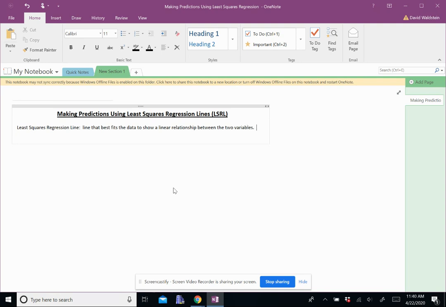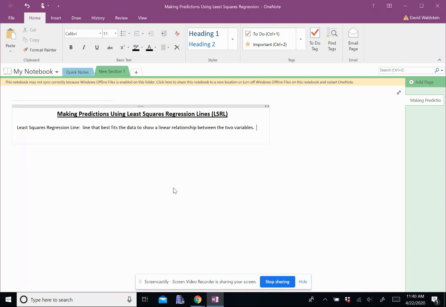Now, the reason it's called the least squares regression line is because we want the line to be as close to the squares of the data points as possible. The reason we use the squares of the data points and not just the actual data points is because we want to get rid of negative values, since when we square it, it just becomes positive.